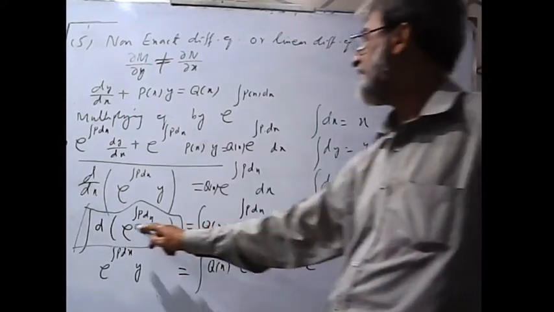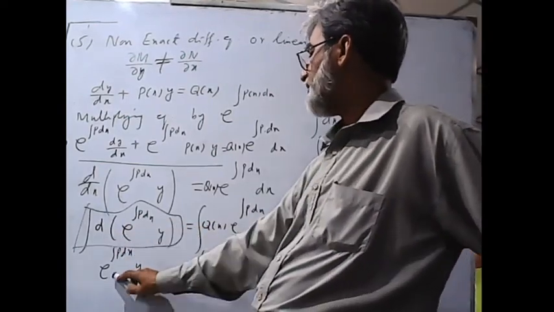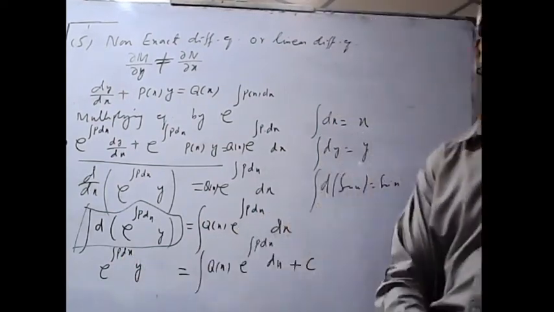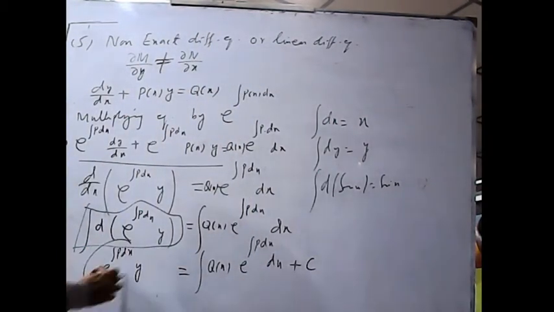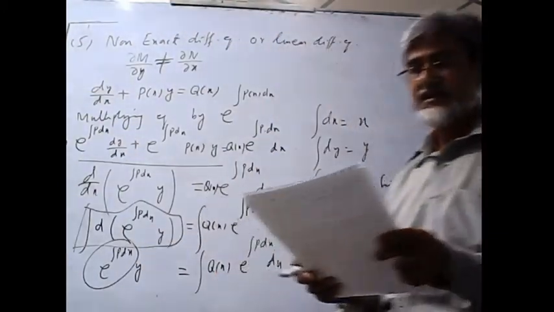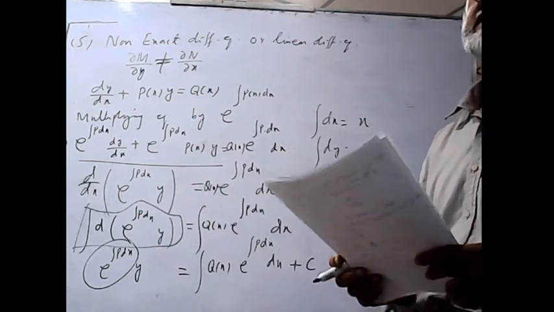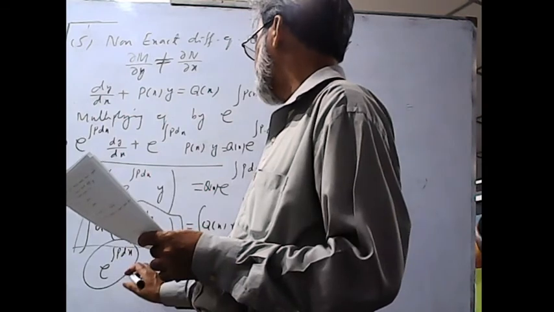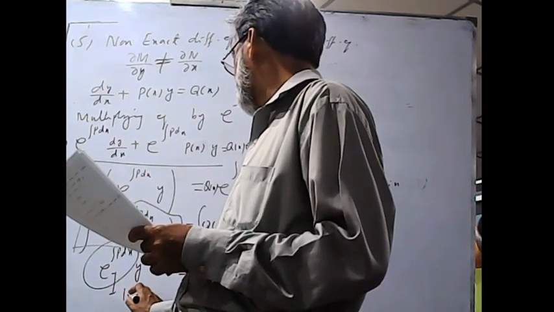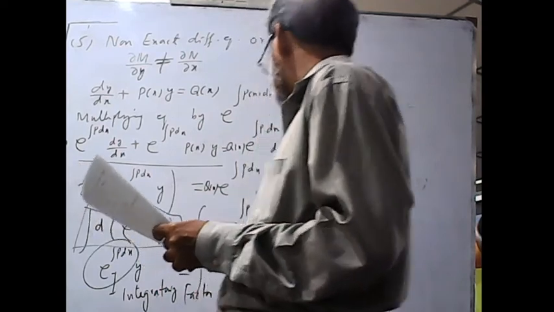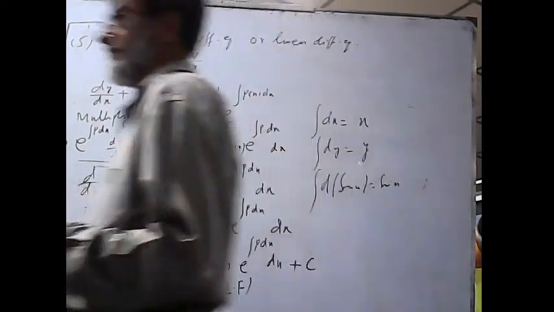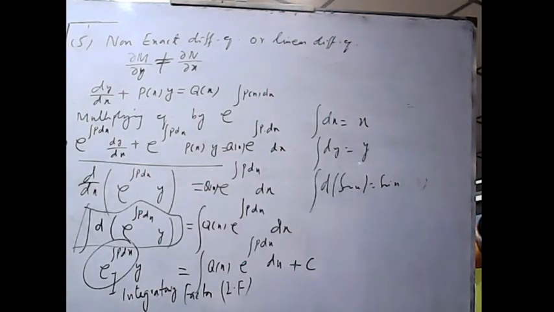Similarly, integral of d of e power integral p dx times y is equal to e power integral p dx times y. Now this e power integral p dx is called the integrating factor, or in short we write I.F. This factor is important, from which you can easily integrate. That is why this is known as the integrating factor.